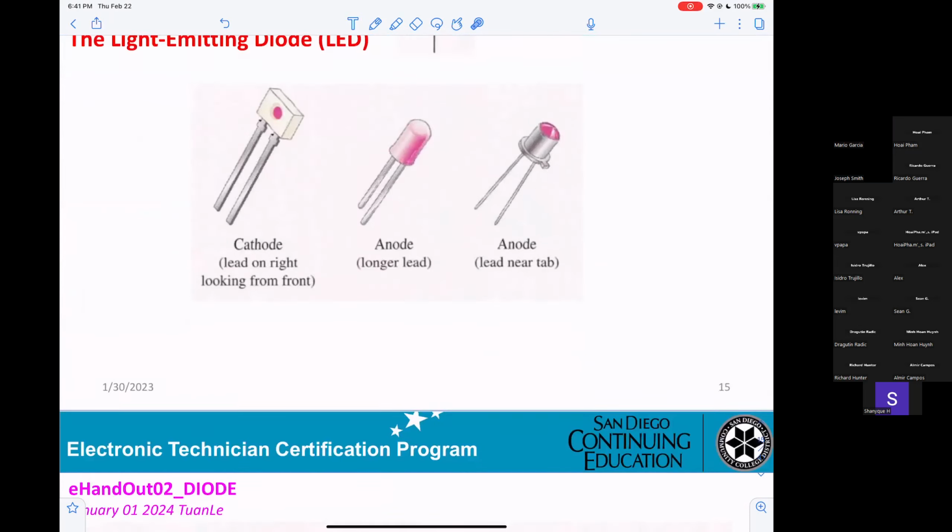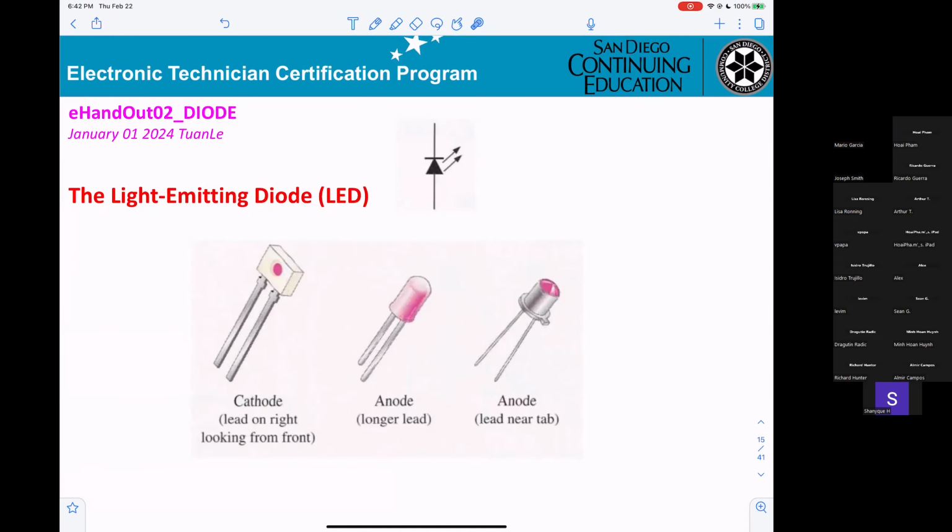Light emitting diode: basically, you get positive, you get negative. If the diode is on, they get the light on. That's it, nothing else. If they're off, that means the light does not turn on.